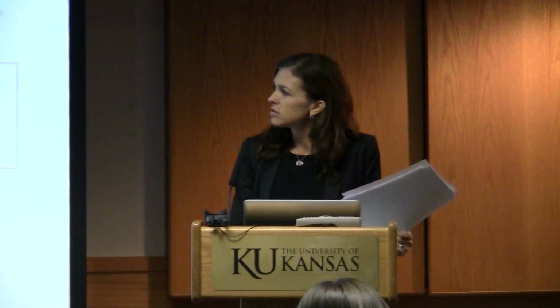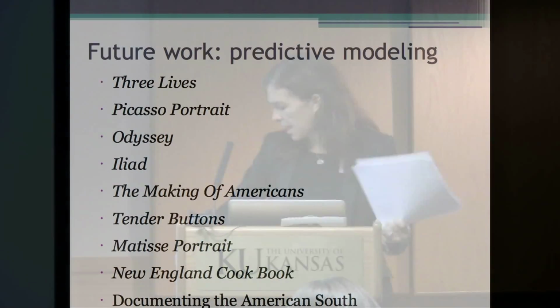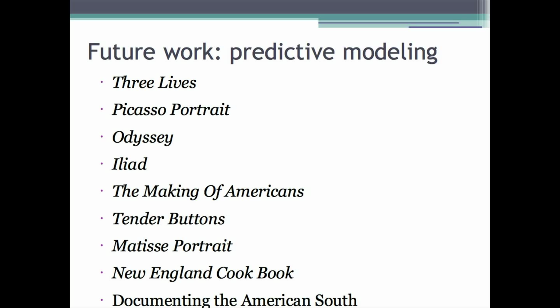Now the predictive modeling, and I have nice little circles, I just showed you that anyways. The predictive modeling that we would like to do, and I'm sort of running out of time, so I'll just glance over this. One of the things we did, like I said, was to compare Tender Buttons to this New England cookbook.